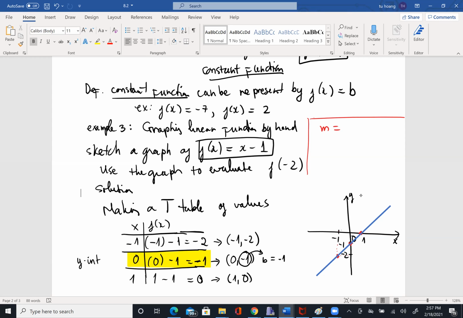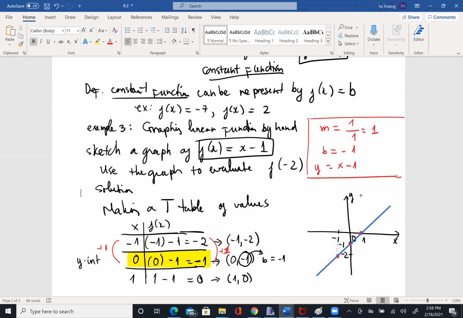Let's choose 2 points, maybe here to here. You're adding 1, and from here to here, you're also adding 1. So it should be 1 over 1, which is equal to 1. And b, we know, is equal to -1. So y equals x minus 1 is the function of this line.